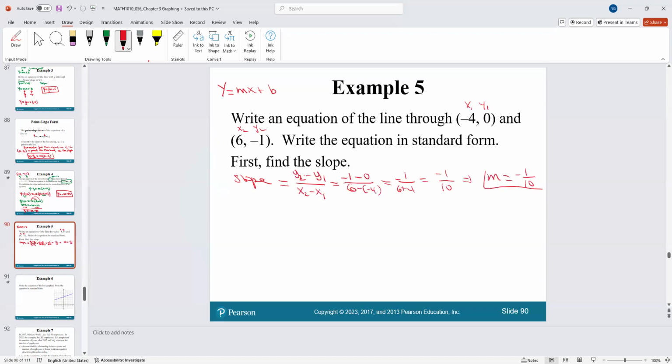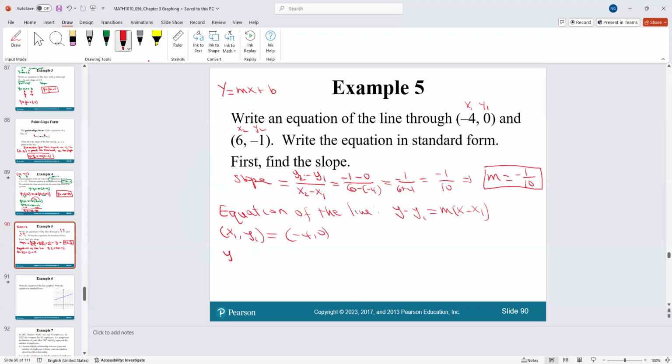All right, we're not done. We know the equation of the line. Remember the formula? y minus y1 equals m times x minus x1. We have two points; you can choose either one. If you decide x1, y1 would be negative 4, 0, go for it.